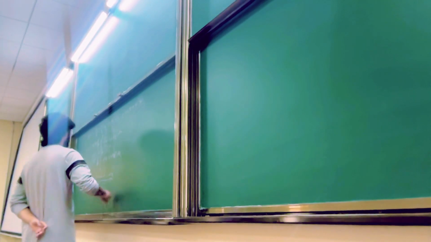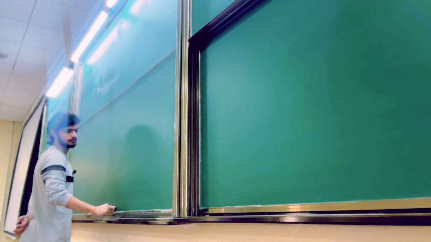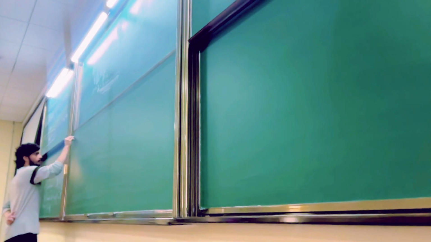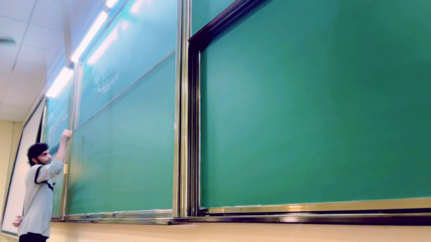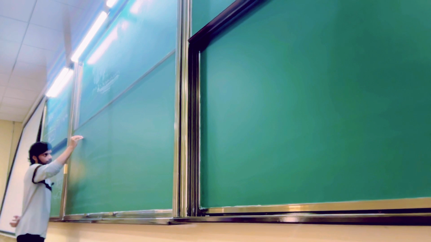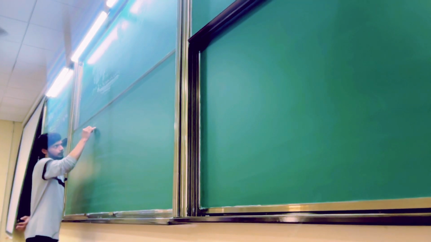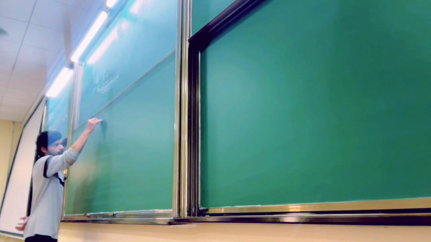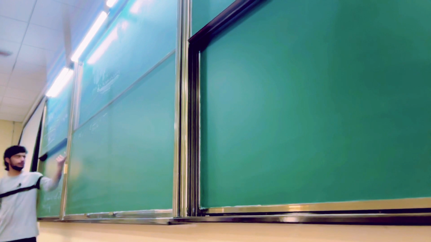So the next question is question number 9. Find the Fourier series of mod x first, and then prove that the sum of 1 upon (2n plus 1) square is going to be something. So we have to first find the Fourier series of mod x.